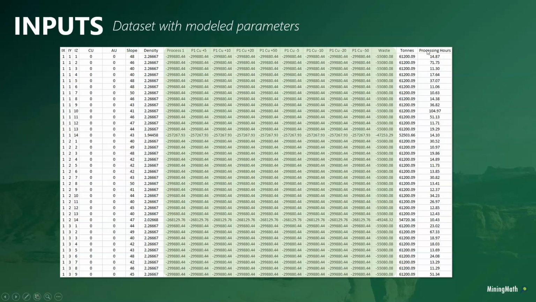And also here I have the tonnage column. Of course, here it's just for the sake of example, because MiningMath will automatically calculate the tonnage of each block based on the block size, informed on the interface, and also based on the densities.